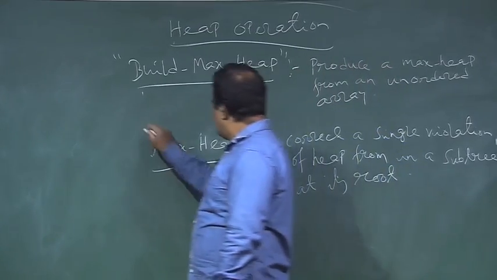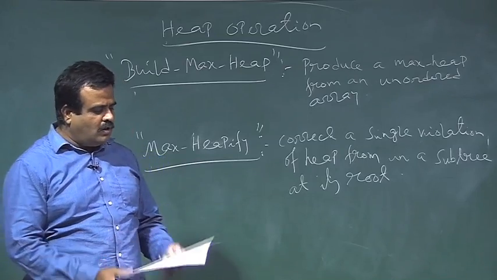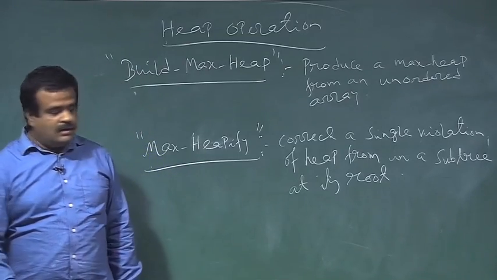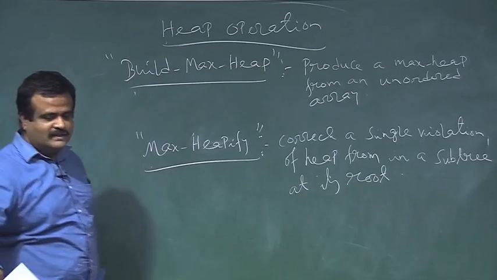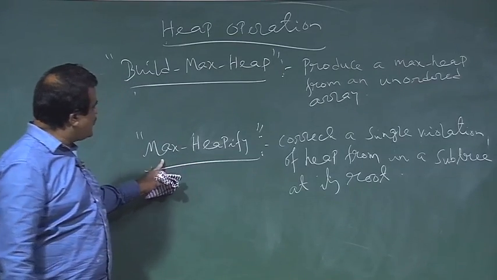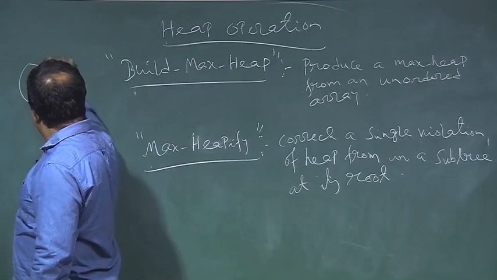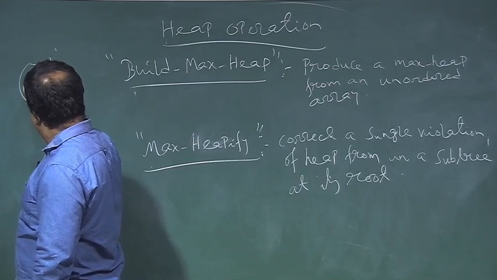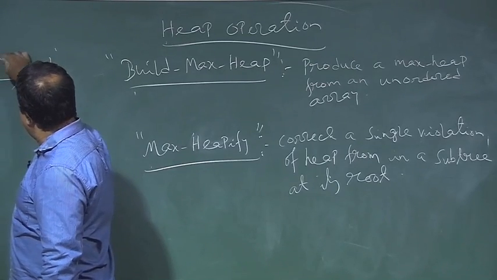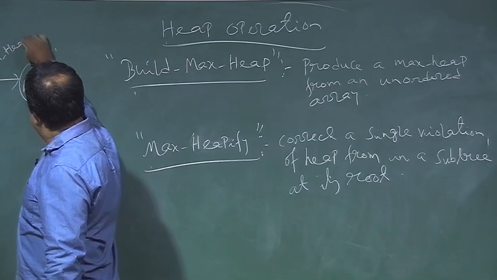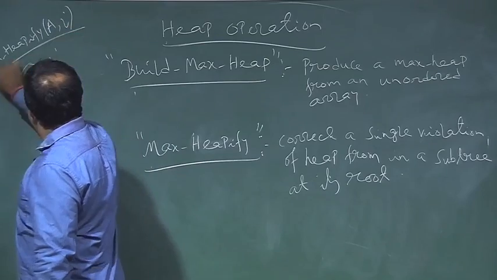Okay, so this is a subroutine which we are going to call in build max-heap, and this max-heapify is basically, say this is the ith element. So we have to call this max-heapify of the array at the point i. So this is the call.